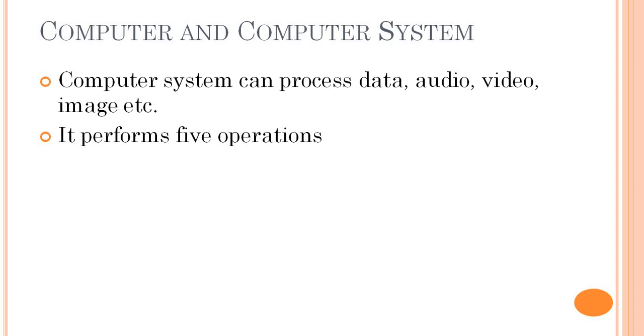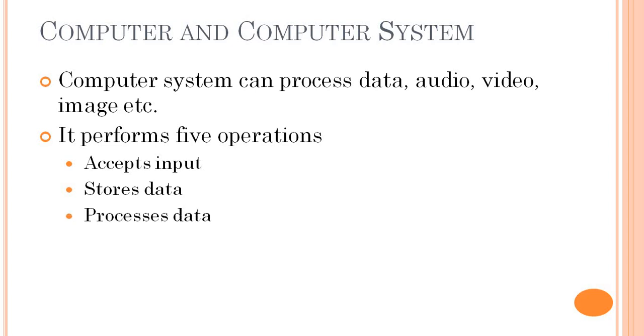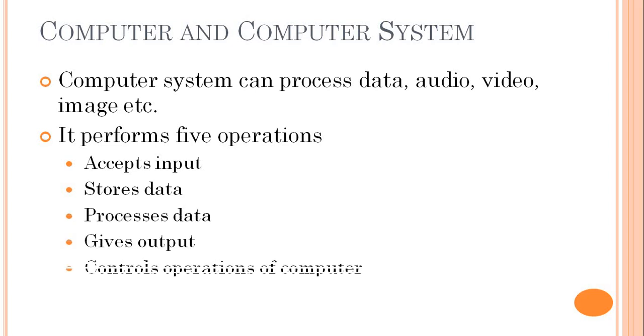The 5 operations: first one, accept input; second, store data; third, process the data; fourth, give output; and the last one, control operation of the computer. These points can be asked for MCQ, 3 correct or 2 correct.